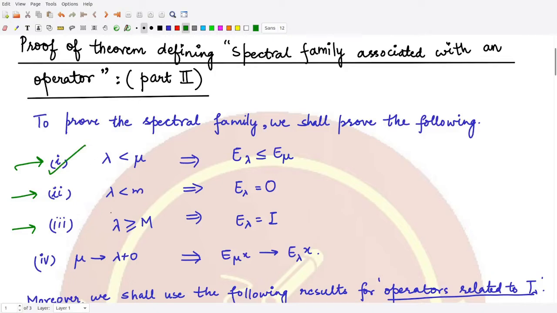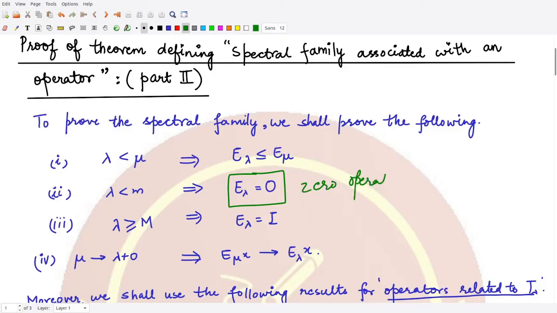So here we wanted to prove that whenever lambda is strictly less than m, where m is the lower bound of the closed interval in which all the eigenvalues, or all the lambdas, reside, then the value of this projection operator E lambda is nothing but the zero operator.